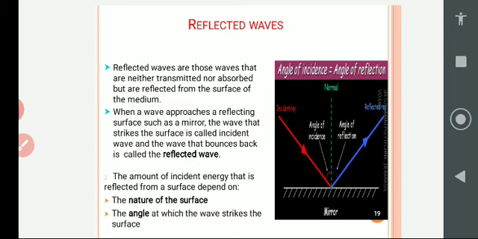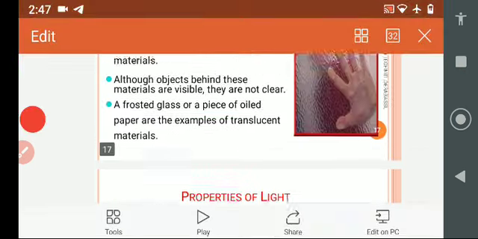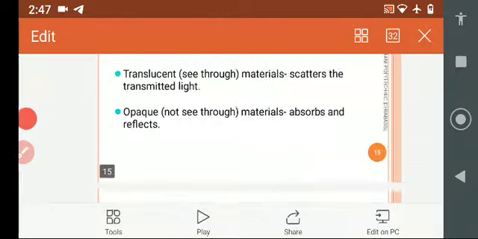The second parameter is the angle. We have seen already that if the angle is less than the critical angle, what will happen? I will again show you the slides.